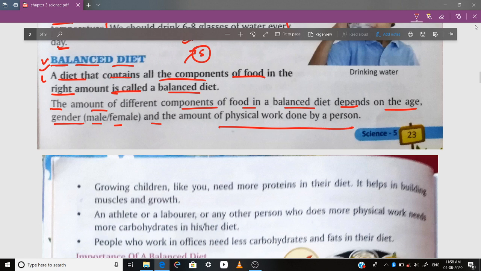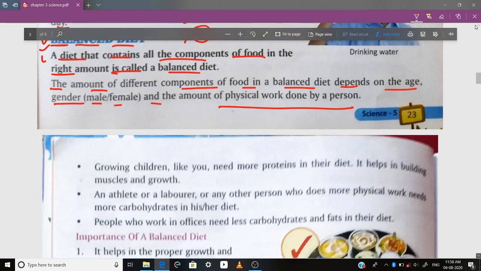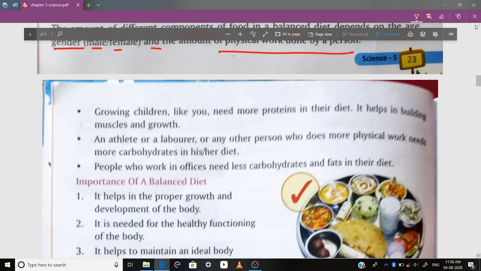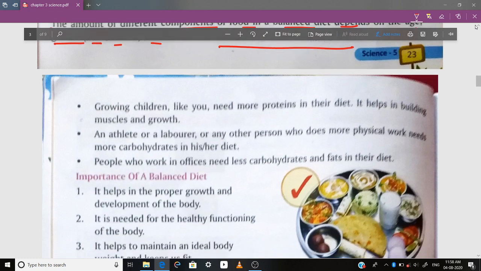For example, if you are a child, you need to grow, so your body needs more carbohydrates and more fat so that your body can grow properly. On the other hand, if there is a person who is doing more physical work, like a laborer or a player, then he needs energy, so he needs more carbohydrates in his balanced diet.